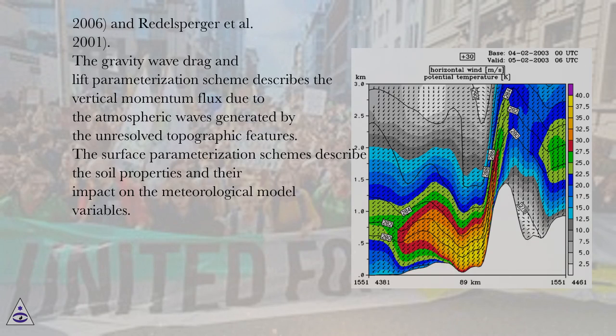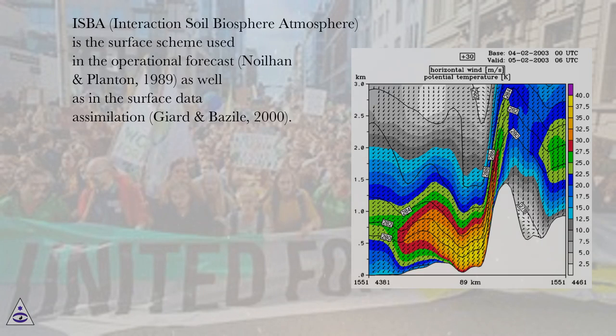The surface parameterization schemes describe the soil properties and their impact on the meteorological model variables. ISBA, Interaction Soil Biosphere Atmosphere, is the surface scheme used in the operational forecast, Norlin and Plantone, 1989, as well as in the surface data assimilation, Giard and Basile, 2000.